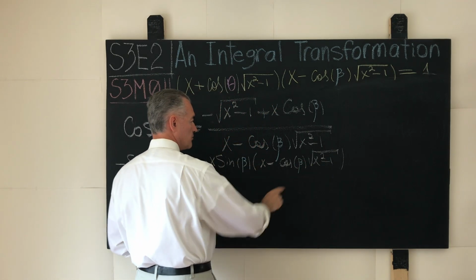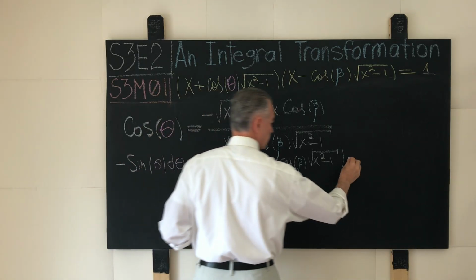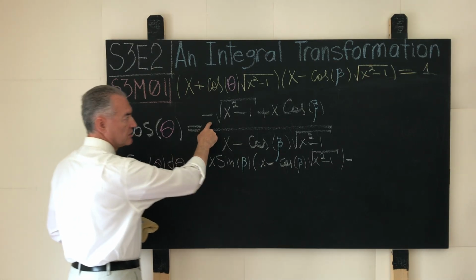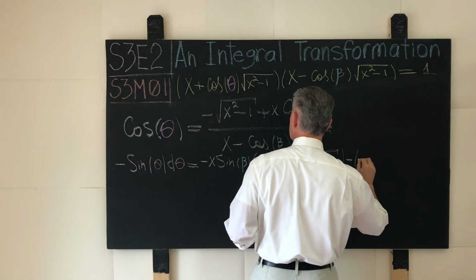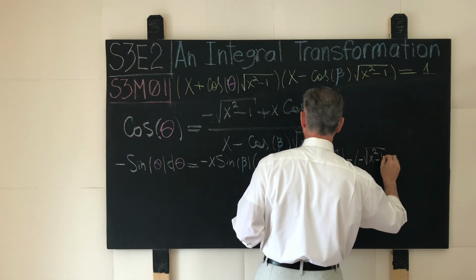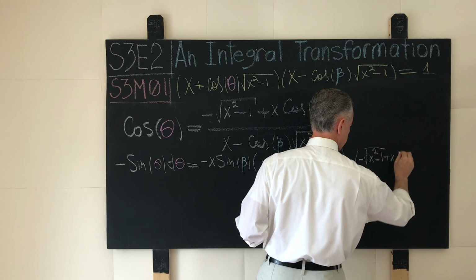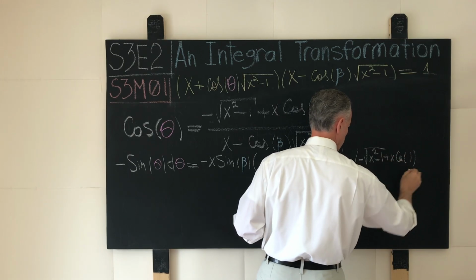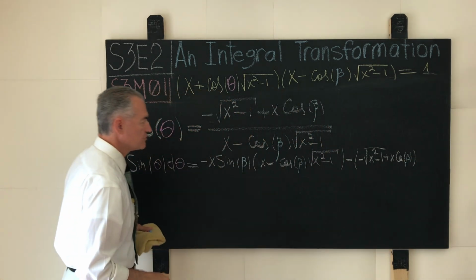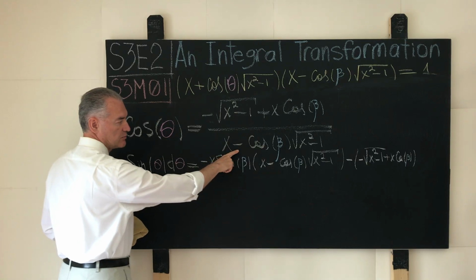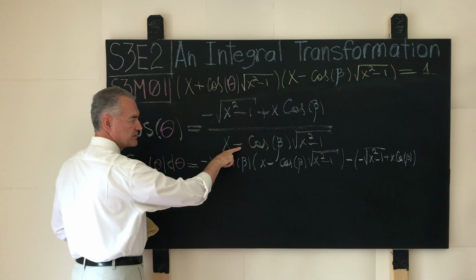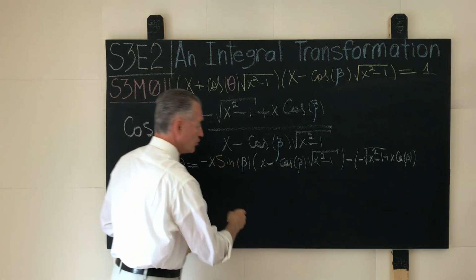Then minus our expression over here, negative square root of x squared minus 1 plus x cosine of beta, times the first differential of this animal right here. But the first derivative of cosine again is minus sine, minus times minus is a plus. So what will we have?